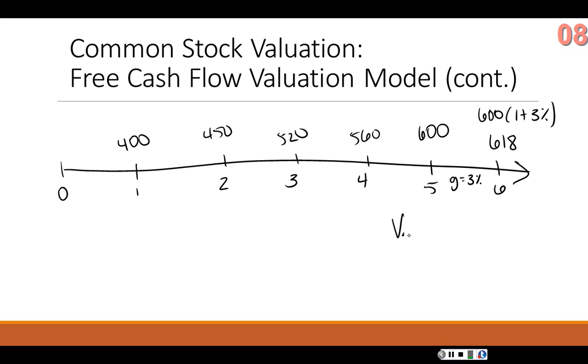So the value at time period 5, remember we have the equation price today is equal to the next dividend payable over R minus G. We're applying this exact same formula. Except here we're just saying the value of the whole company, because the present value of free cash flows gives you the value of the whole company, not the value of common stock. Is equal to the next free cash flow divided by the required return.